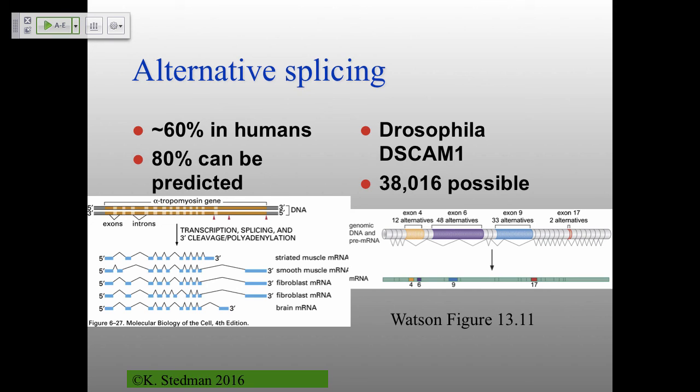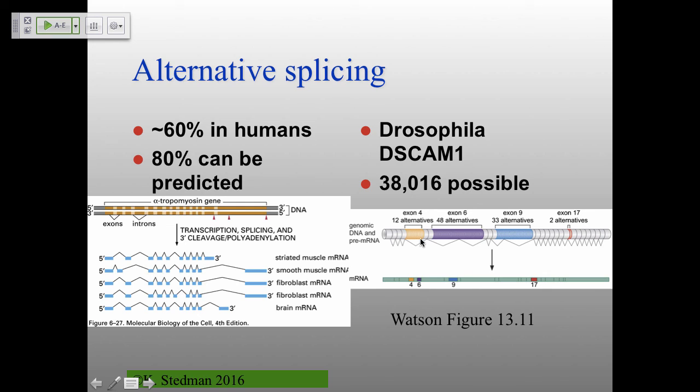It has to do with the nervous system and its development in Drosophila. That so much is not important. But what happens here in this case is that most of the exons are used. And that's true also here. If you look at tropomyosin in humans, most of these exons are in most of these final transcripts which are made. It's only a couple of exons which are going to be different. Same thing is true in DSCAM1.